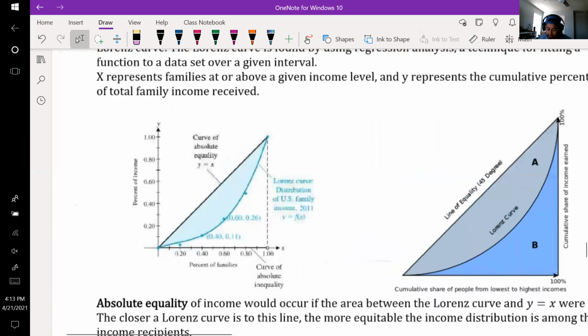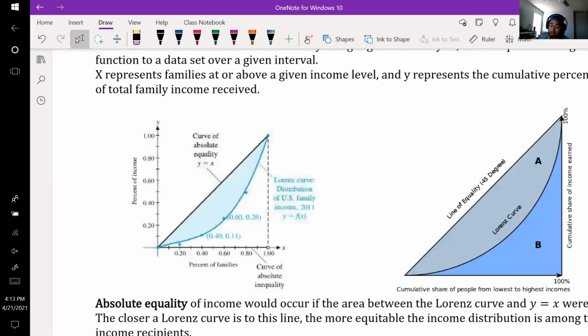All right. So if you look at these graphs, the line y equals x is the curve of absolute equality. So the closer the curve gets to this line means that income is being distributed equally among families.